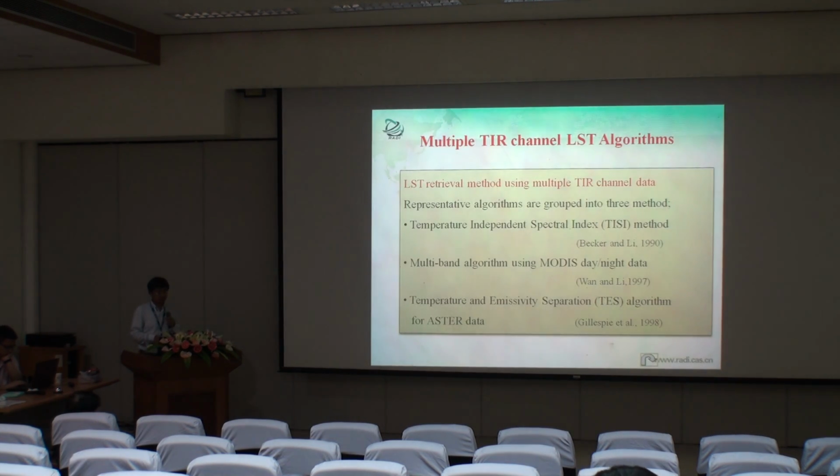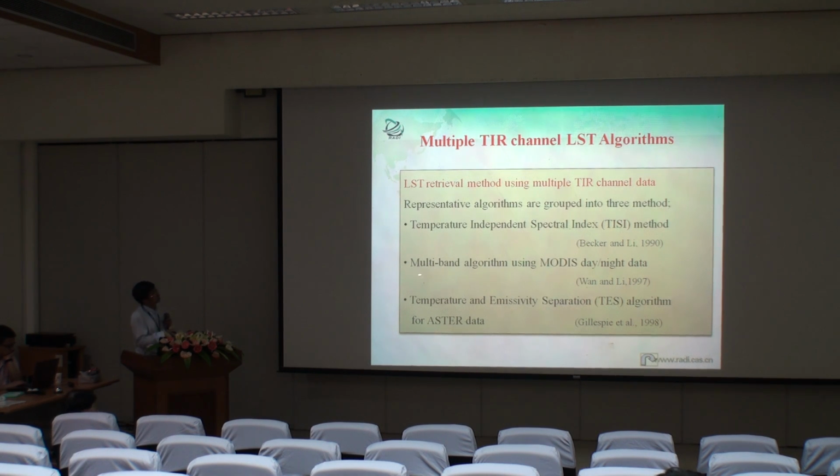And the multi-channel land temperature algorithms. You can see currently there are three kinds of algorithms: one is the temperature independent spectral index, TISI, and so on. We can use the daytime and nighttime observations in the thermal infrared band and the middle infrared band to retrieve the land surface temperature and land surface emissivity together.